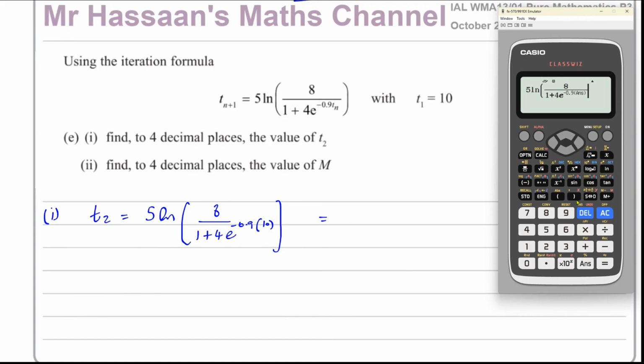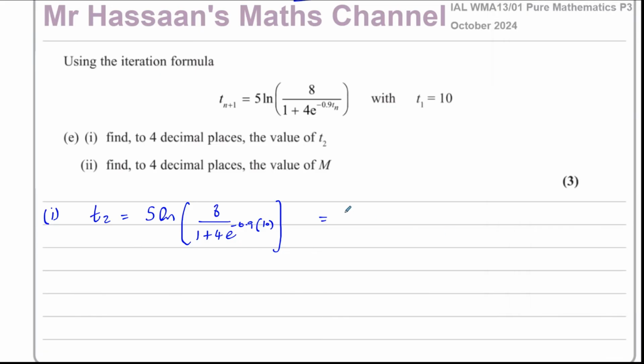At the moment, answer is 10. This will help us, as you'll see in a minute. I'm going to press equals, and I'll get the answer for T2. That gives me 10.39474, it goes on, so to 4 decimal places, 10.3947. There's the answer to part 1.